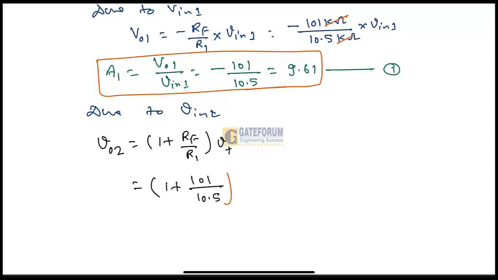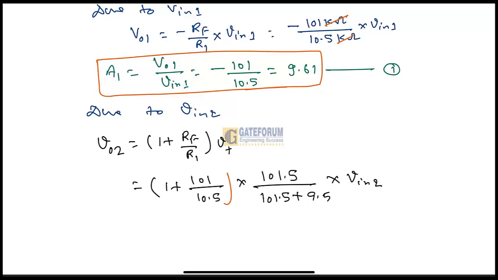So V plus is whatever we got earlier, 101.5 divided by 101.5 plus 9.5 into V in 2. So we will get the gain due to this V in 2, or we can say the gain of that op amp under non-inverting mode of operation.